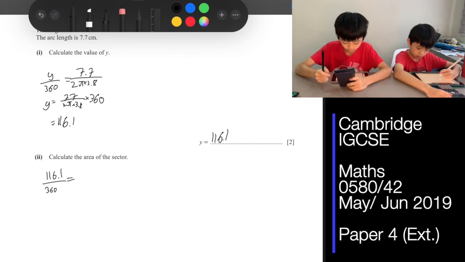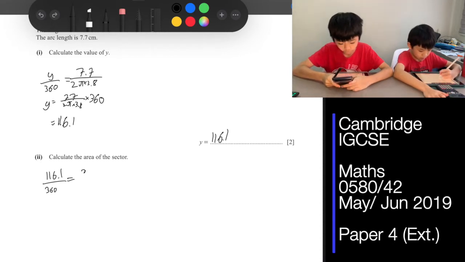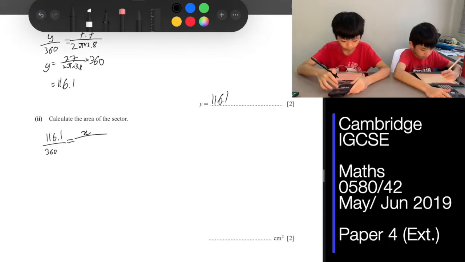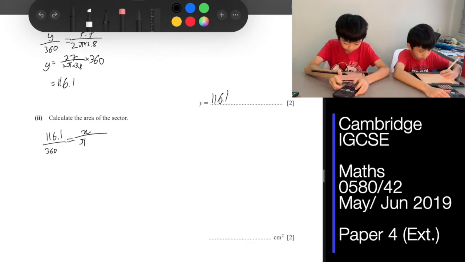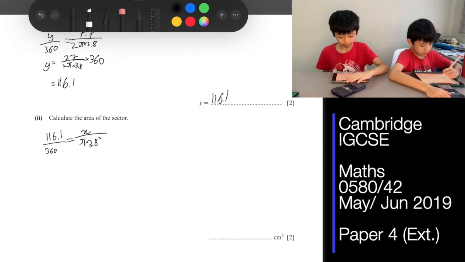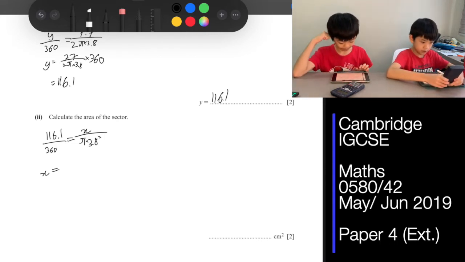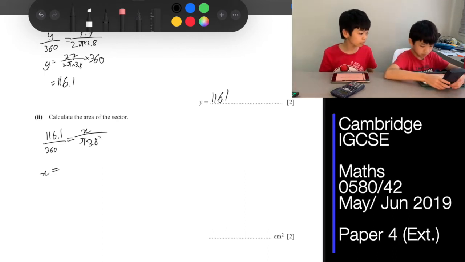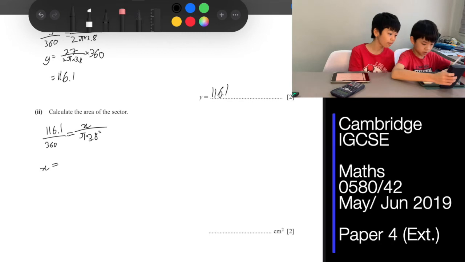We don't know the area of the sector, so I'll label it x, since y is already used, over pi times 3.8 squared. So x is equal to 116.1 over 360 times pi times 3.8 squared, which is equal to 14.6.